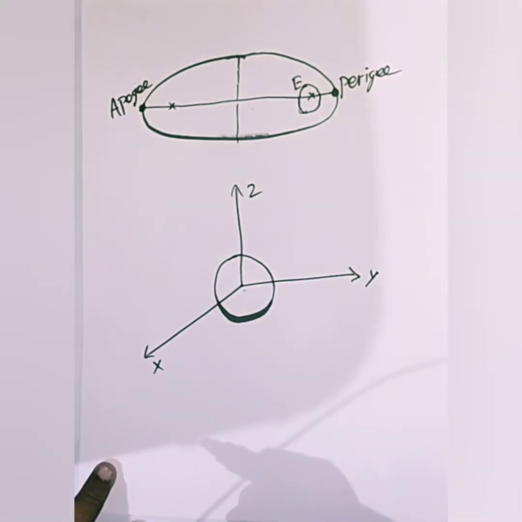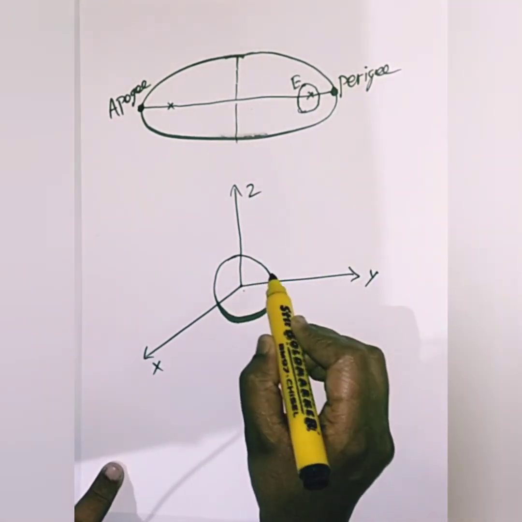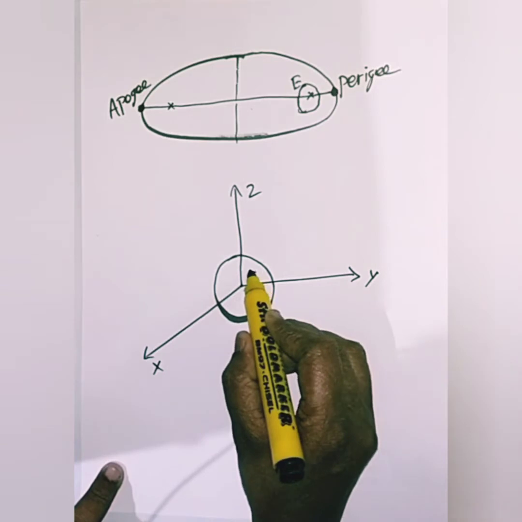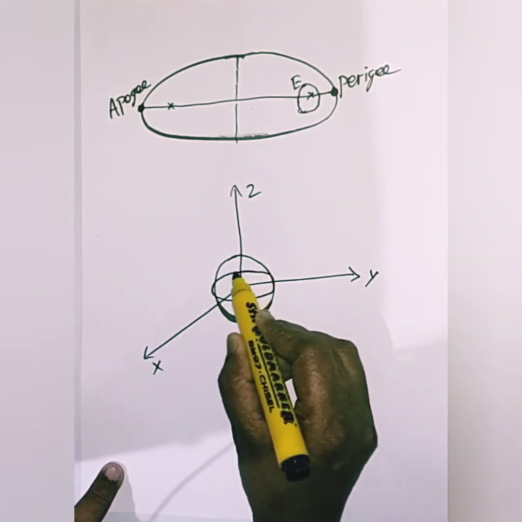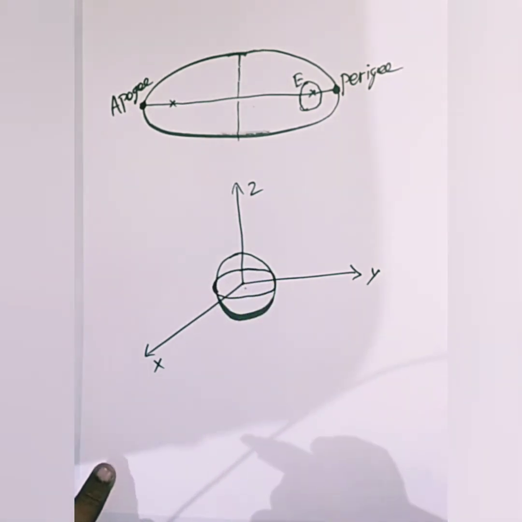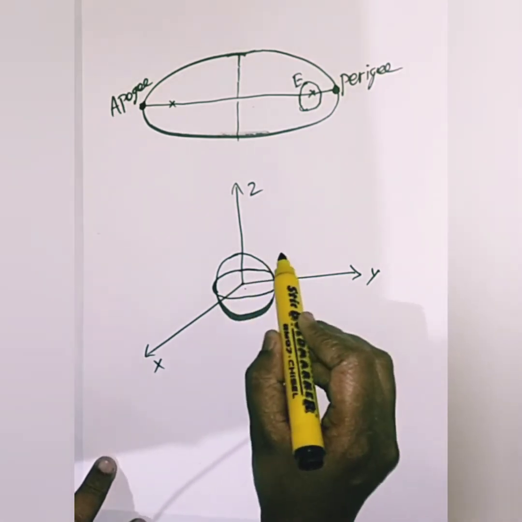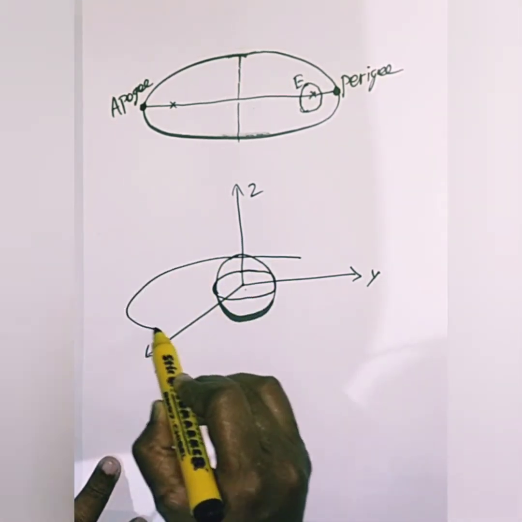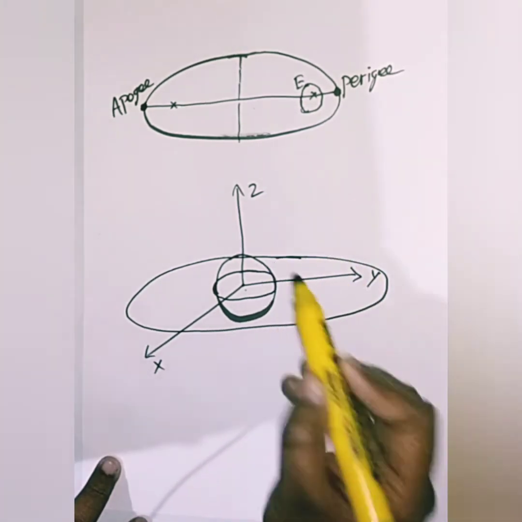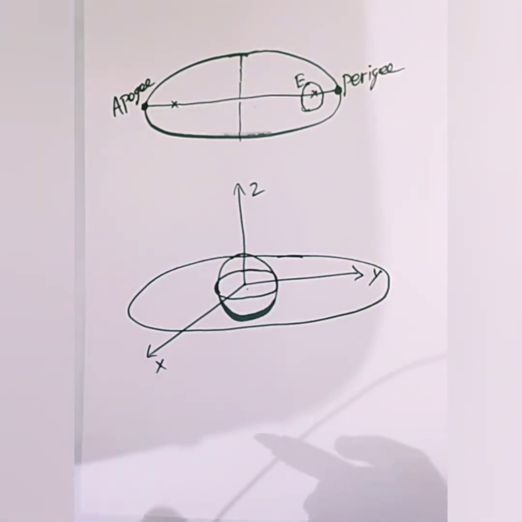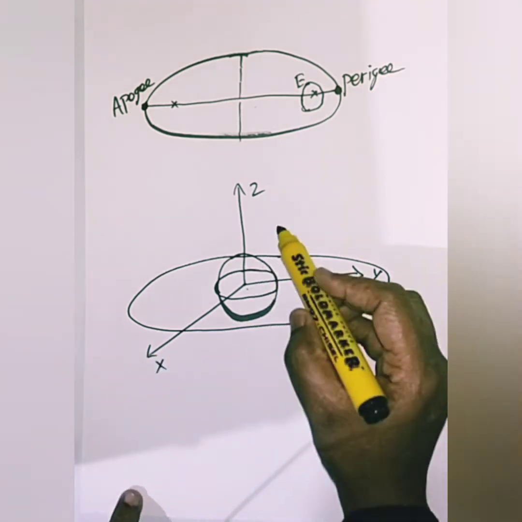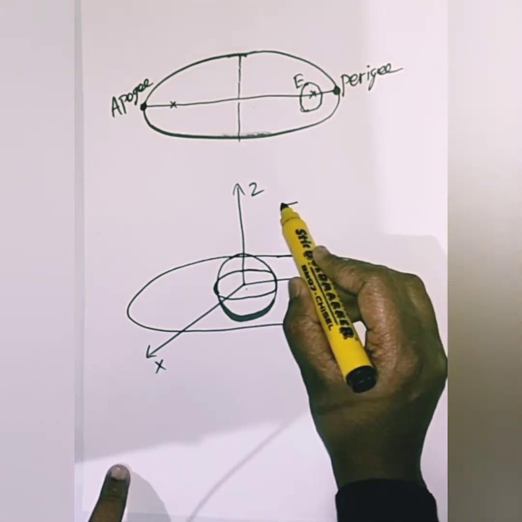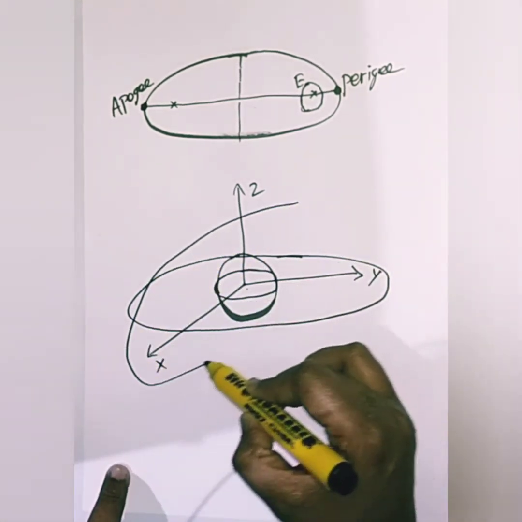This one is the equator, and this is the equatorial plane. And let us assume an elliptical orbit.